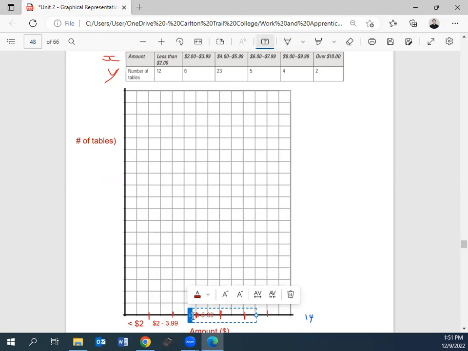I'm going to get rid of the dollar symbol because we already have that down there. So just do that. Like I said, I'm sorry, it's not going to be very neat in this case just because I'm stuck on this little thing. Let's do that. Okay, so the next one's going to be 6 to 7.99.